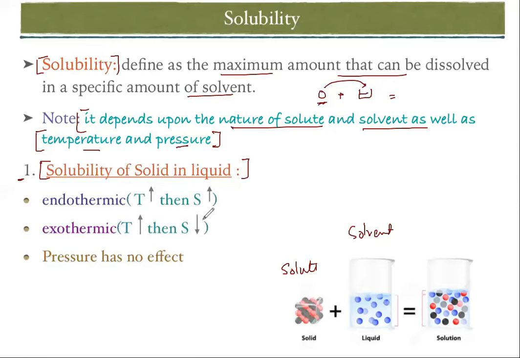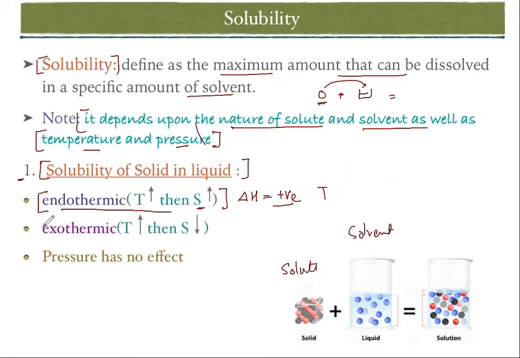Now what will happen if we increase or decrease the temperature in this case? The first case we are going to study is when the solution process is endothermic in nature. Then delta H is positive, right? In this case, if you increase the temperature, the solubility is going to increase.